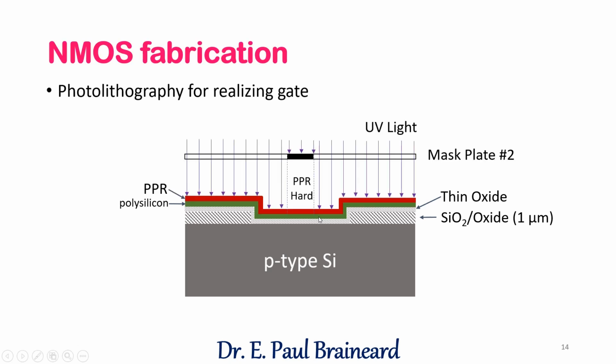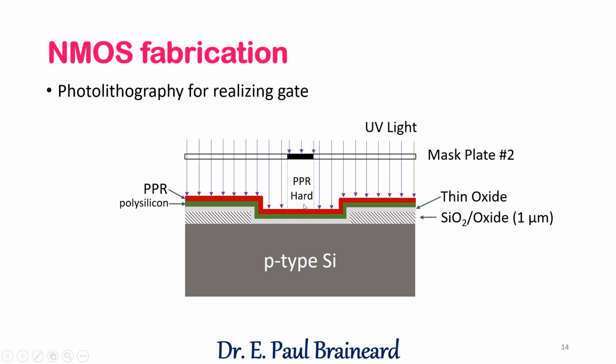Now, photolithography is done to realize the gate region. This is mask number 2. Wherever we need to have gate material, their PPR is retained. The light cannot pass through the opaque region of the mask.